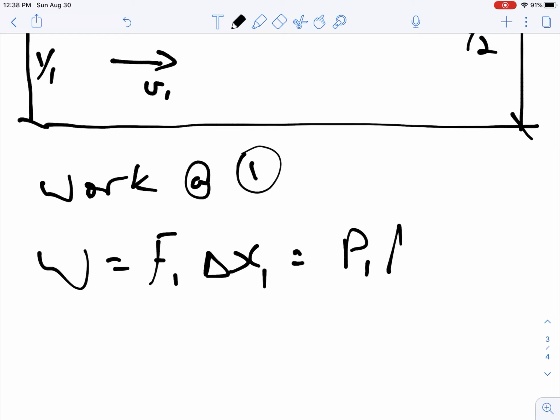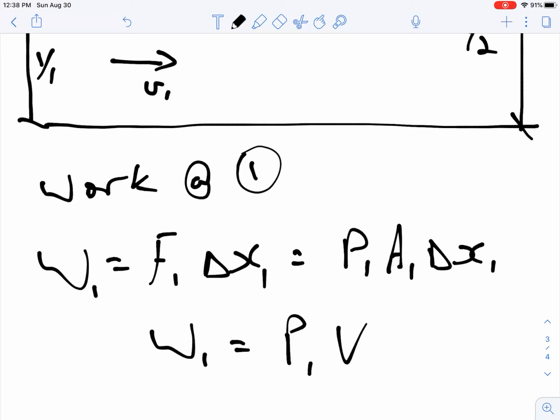The force is going to be the pressure at that side times the area at that side, and the displacement would be displacement 1. Okay? Now, area times displacement is volume, agreed? So the work at 1 is going to equal the pressure at 1 times the volume.